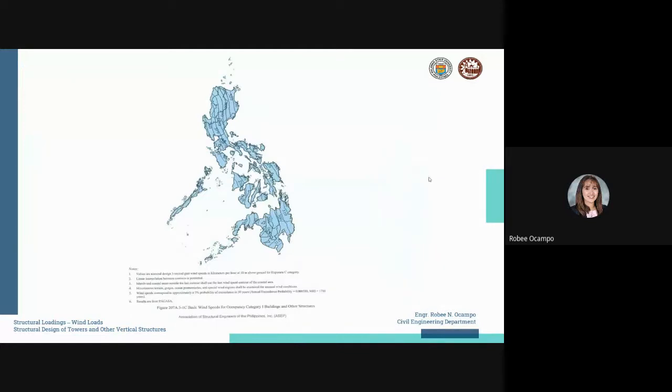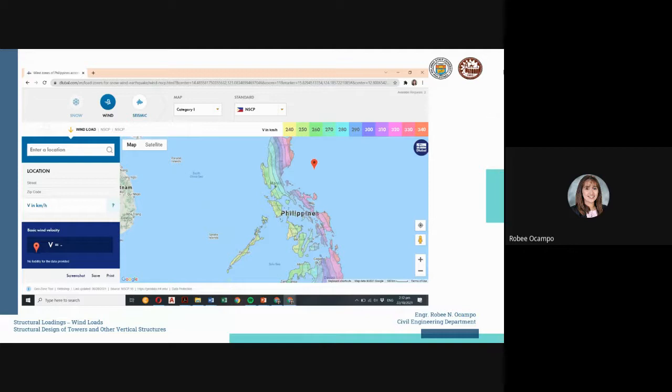Okay. So the last figure of Figure 207A.5 is the wind speed for category 1. There's a website that shows digitally the basic wind speed for every location in the Philippines and for every category, so we can open it.